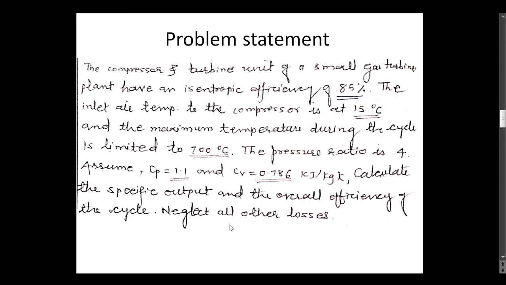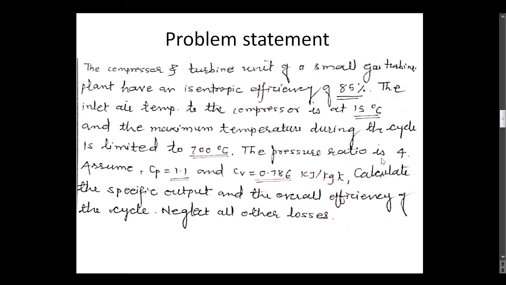Now we'll solve one problem on it. The problem statement is like this: the compressor and turbine unit of a small gas turbine plant have an isentropic efficiency of 85%. The inlet air temperature to the compressor is 15 degrees Celsius, and the maximum temperature during the cycle is limited to 700 degrees Celsius.